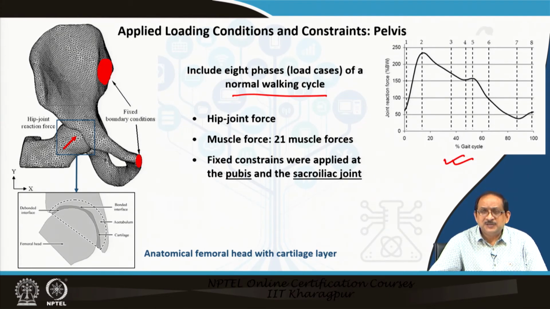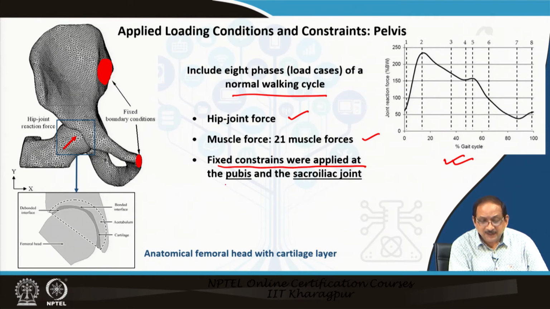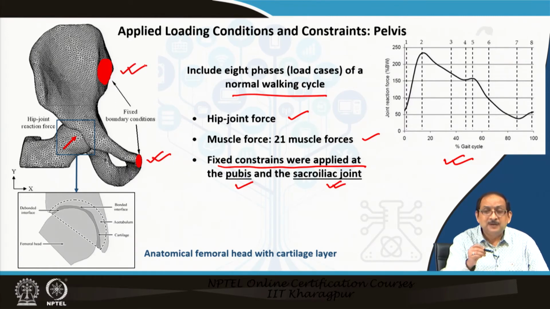These load cases consist of data on hip joint force and 21 muscle forces corresponding to each load case, and fixed constraints were applied at the pubis and the sacroiliac joint, similar to the natural hemipelvis.